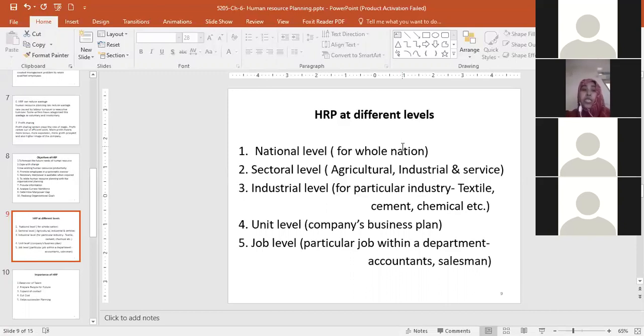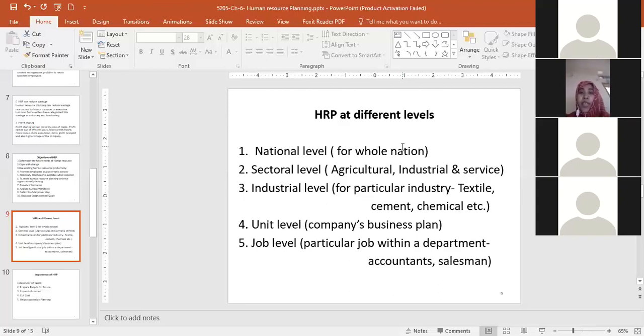Number 2 is sectoral level. Manpower recruitment for a particular sector like the agricultural sector, industrial sector, or service sector is based on government policy, projected output and operations, etc. Every country mainly uses three sectors: agriculture, industry and service.